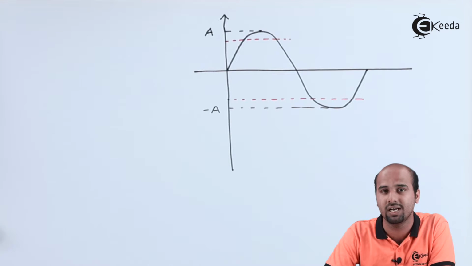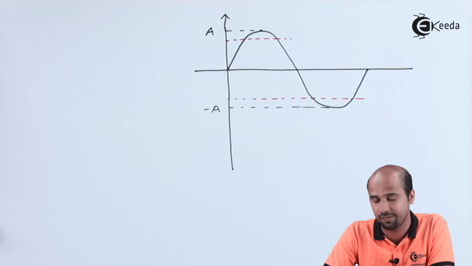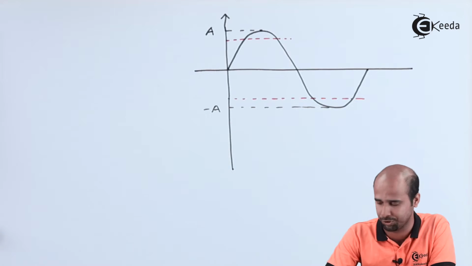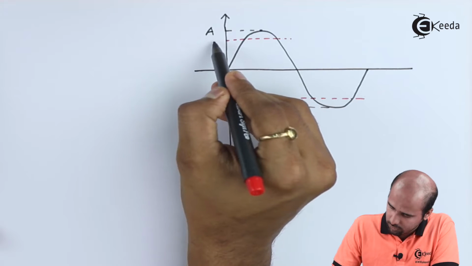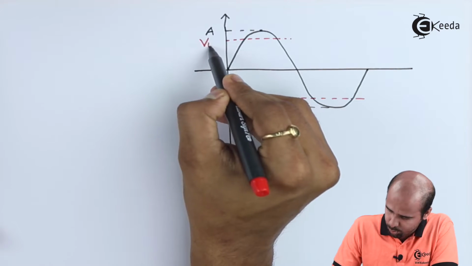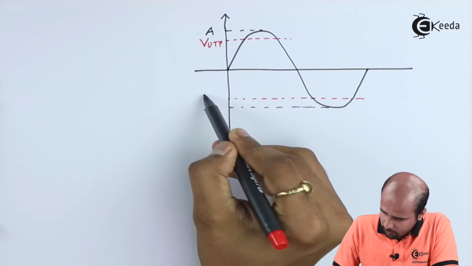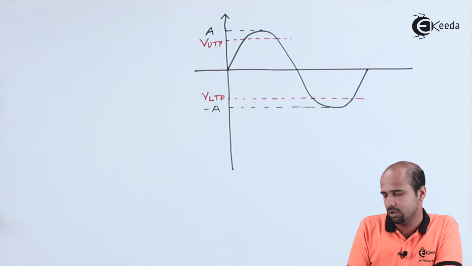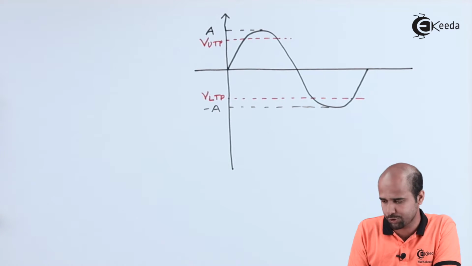This has to be less, because we are taking R1 divided by R1 plus R2. So it's obvious that the value of this VF will be less than that of plus VSAT or minus VSAT in magnitude. We will take this as VUTP. We will take this as VLTP. Very nice, so far so well.